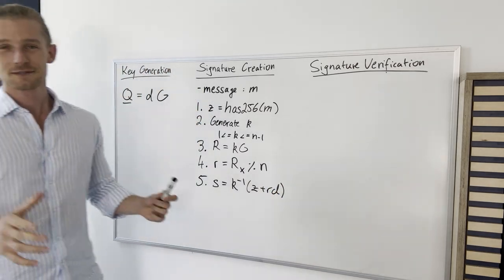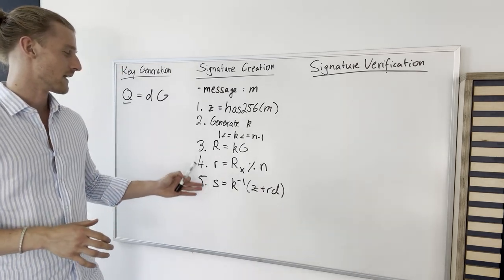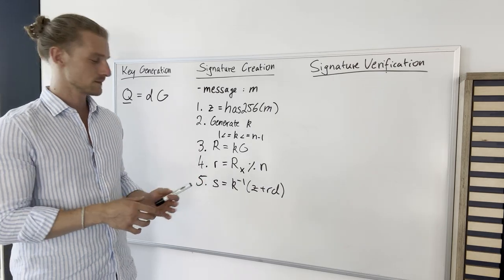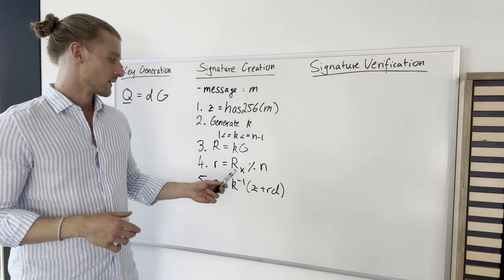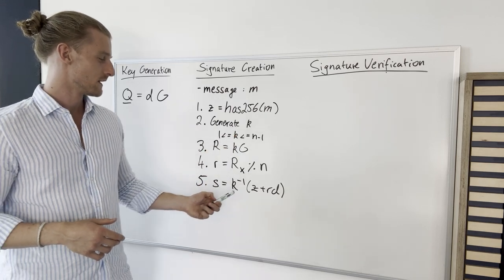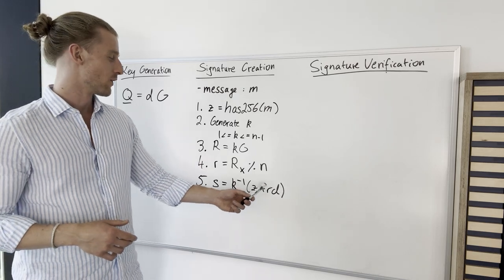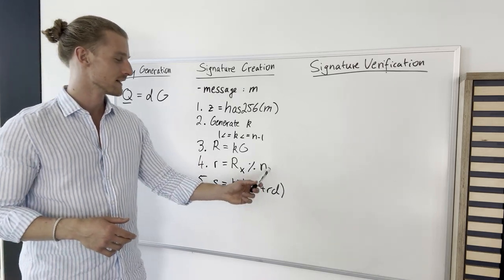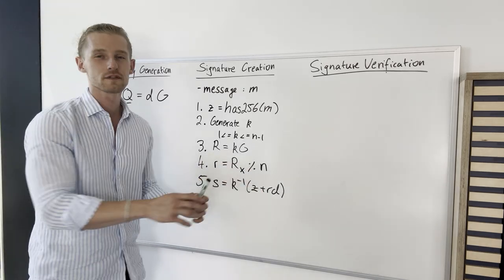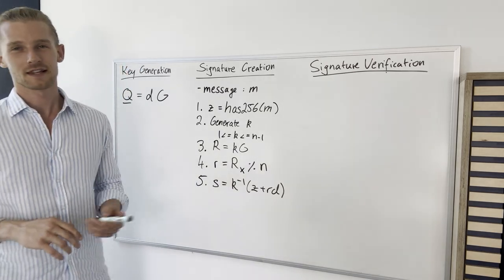Now, this might seem a bit complicated, but this basically is just another integer that combines k, so this random integer here, as well as the hash of the message, and also this point r here and the private key. So it links all of these components together. Now, let's think about why we want to do something like that.